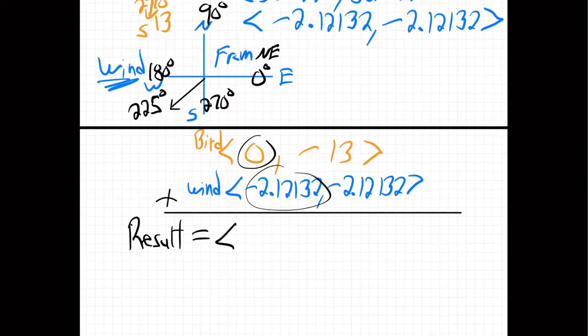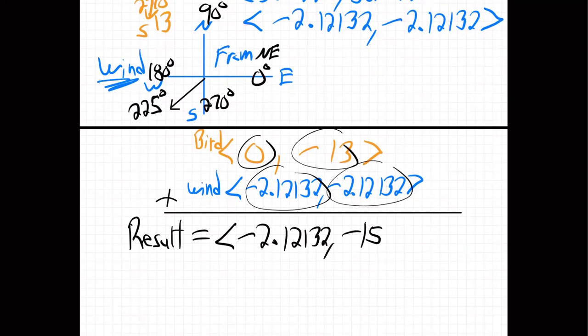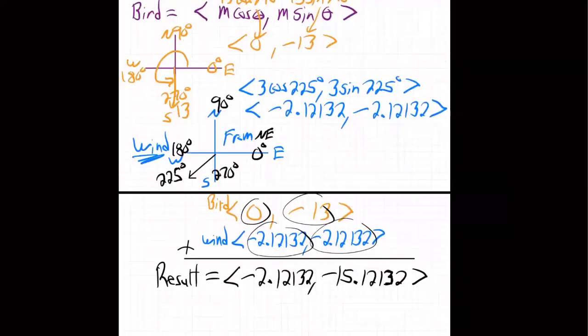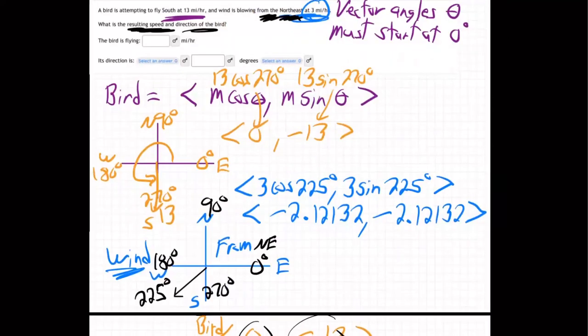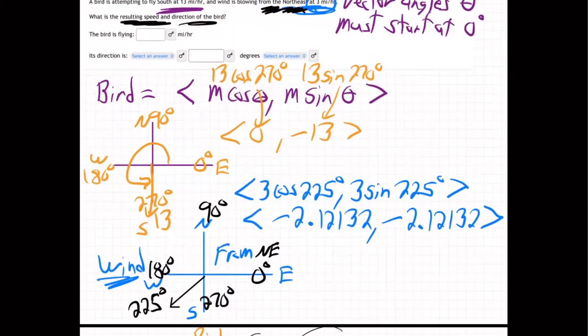That's pretty easy math. Negative 2.12132, comma. And then this and this. Hit the buttons on your calculator. You can just tell 13 and 2 is 15. The decimals just sit there. So there's the result of what happens between the wind and the bird. And so now what are they asking? Now they're asking about the bird, his miles per hour.